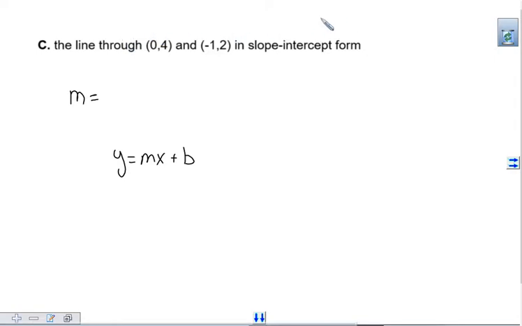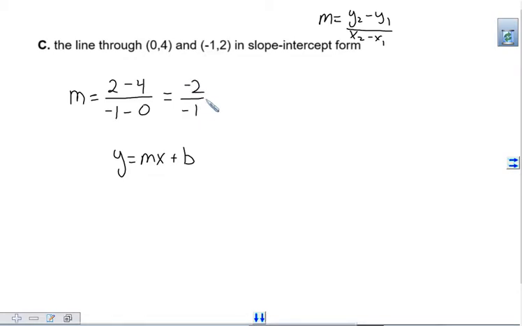Again, remember, the formula for slope is y2 minus y1 over x2 minus x1. So to calculate our slope, 2 minus 4 over negative 1 minus 0. 2 minus 4 is negative 2. Negative 1 minus 0 is negative 1. And that reduces to 2.